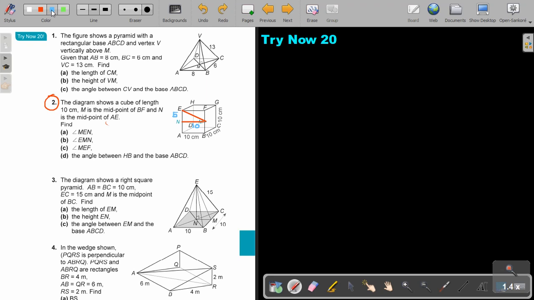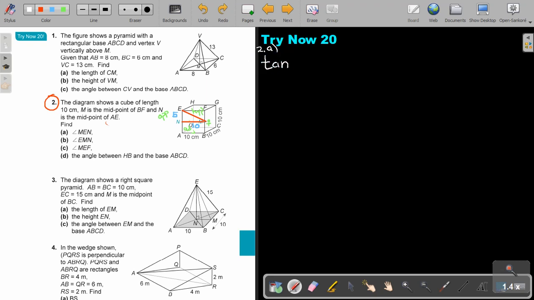M-E-N. So don't forget, this is going to be my opposite. I'm standing there. This is my opposite, and this is my adjacent, and that is my hypotenuse. So opposite over adjacent. So what am I going to write? I'm going to say tan. That's question 2a.